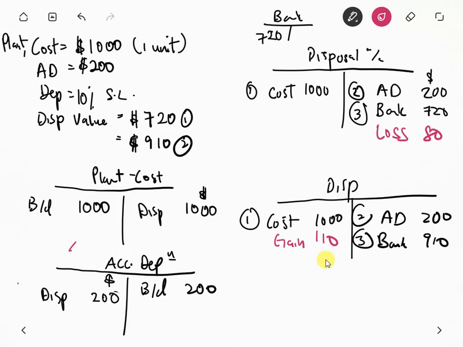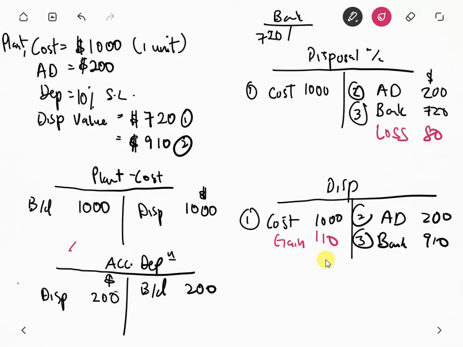Inflow is 910. I sell for 910, collect 910. Inflow is 720. So cash flow both inflow. One is I sell below, money received below the net value. One is above. One can be gain, one can be loss. Both also inflow. But this one is your recording in the ledger, 1 loss, 1 gain. Our cash flow is not based on gain or loss, but it's based on the money that we receive.